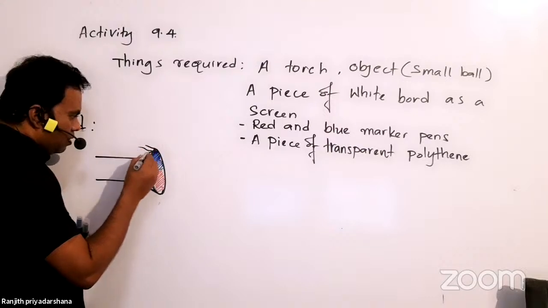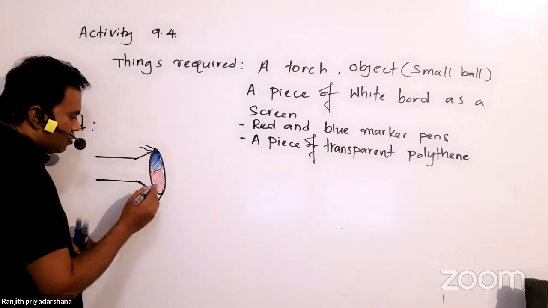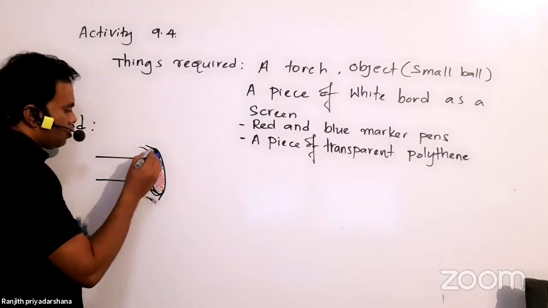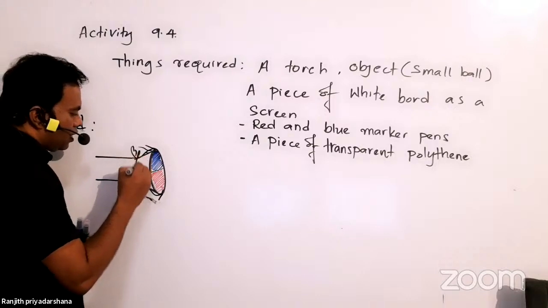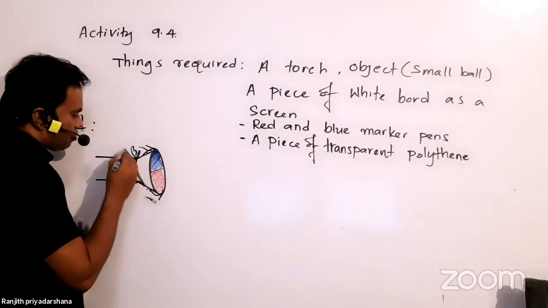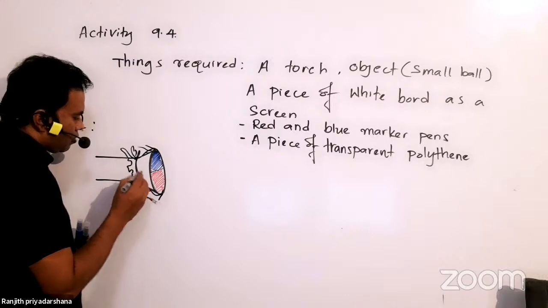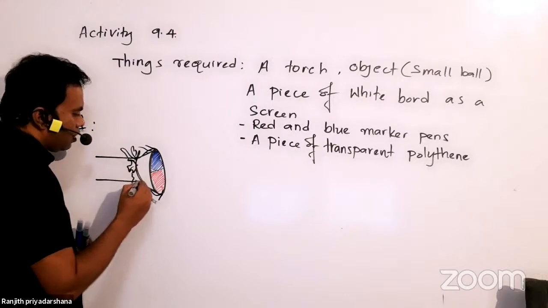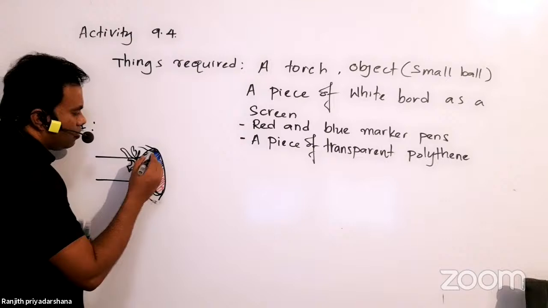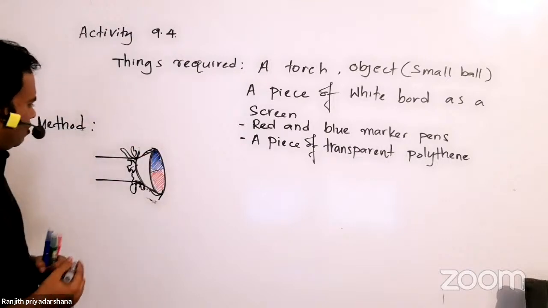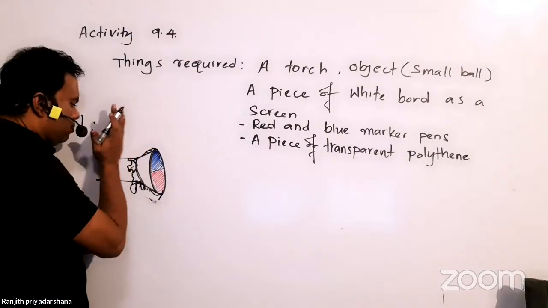A polythene paper. So you can tie this to the torch by using a thread. Here's the way that you have tied the polythene over here. This is how it looks if you tie the polythene.